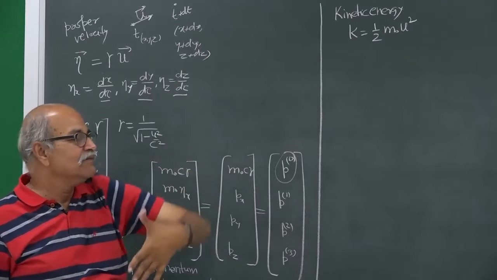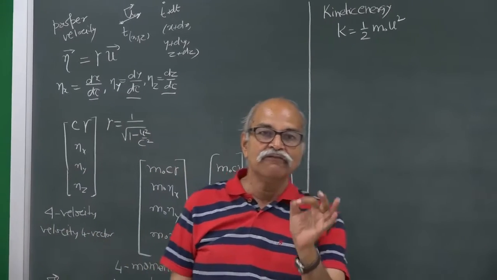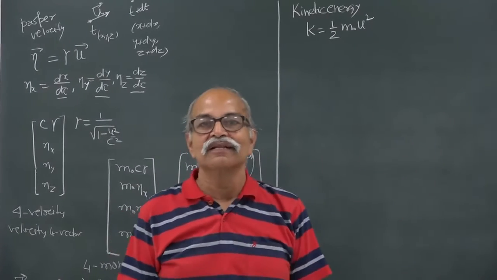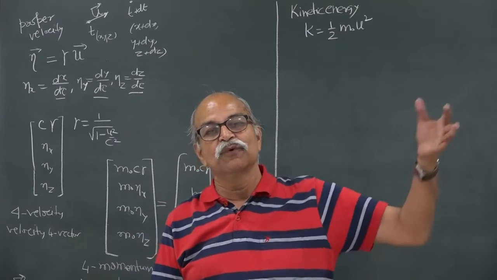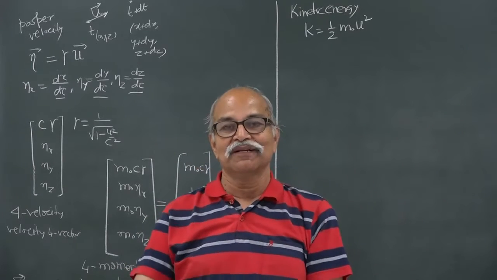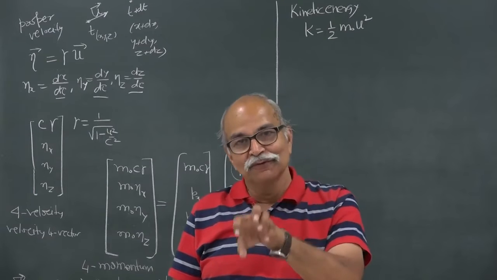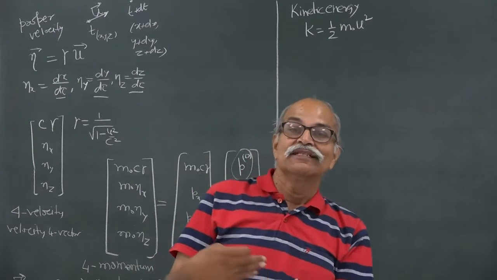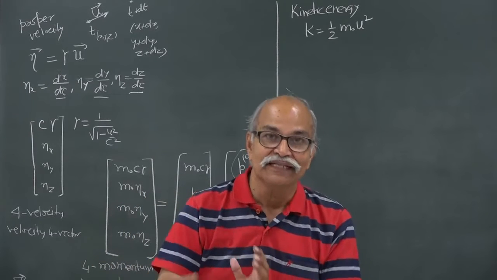The derivation starts with the work energy theorem. If you have a particle and then you apply a force on that particle, and then there is a displacement of the particle, there is work done by the force on the particle, and the amount of work done by this force on the particle is equal to the change in kinetic energy. That is the definition of kinetic energy.